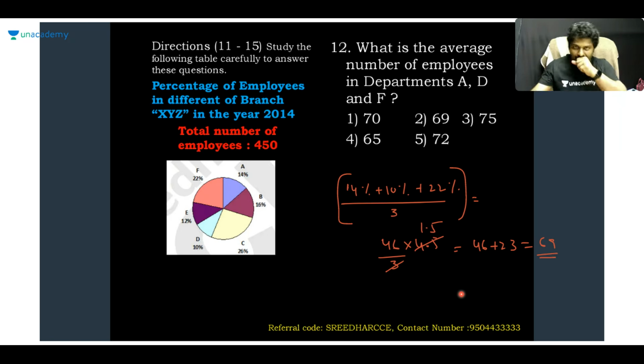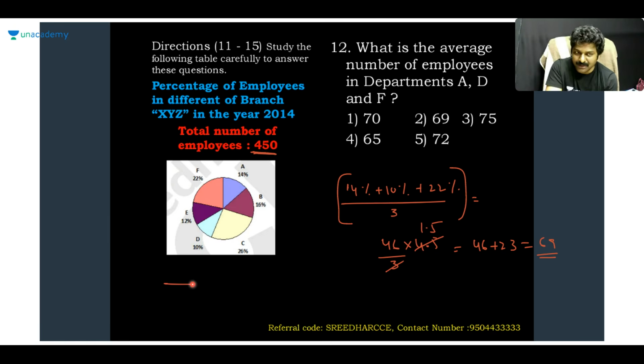Now, you're asked to calculate average for how many departments? 3 departments. If other than 3 departments, if you're asked to calculate average for 2 departments or 4 departments or 5 departments, you can directly verify a multiple of 9 because 1% of this number is 4.5. 4.5 is a multiple of 9.